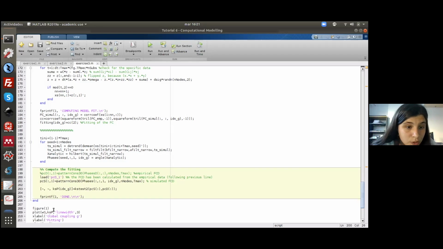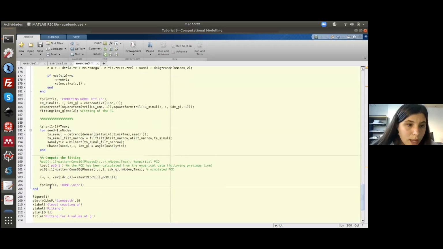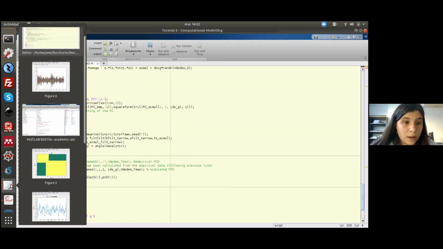Finally, here we have the KS test, which is, as Manel explained before, the Kolmogorov-Smirnov distance between both functional connectivity dynamics. Here the empirical one, and here the simulated one. If we run this script, it will take a while, because we have the simulation for the different global couplings.